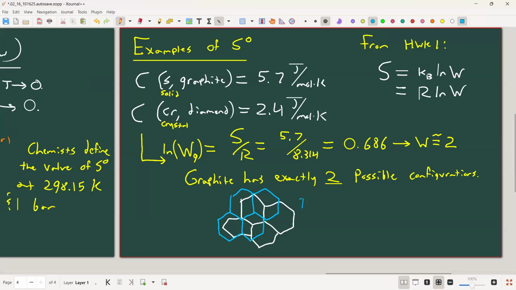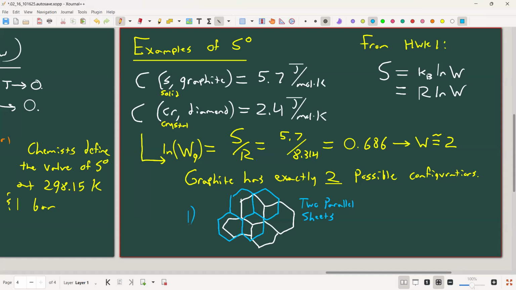All right, so we have two parallel sheets. So this is configuration number one. But the other thing I can do is rotate it 90 degrees and have them perpendicular, right?